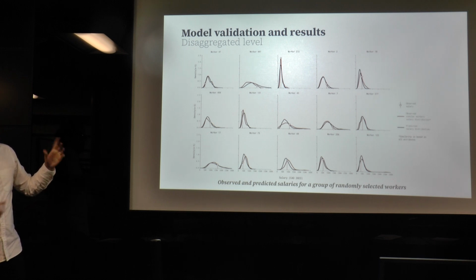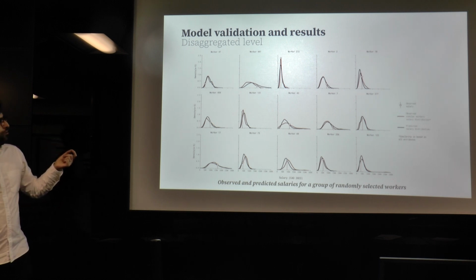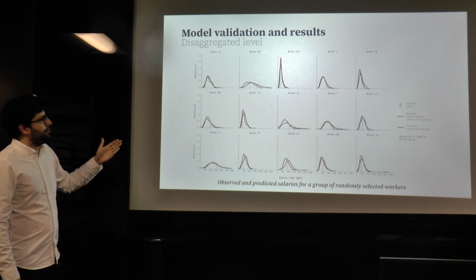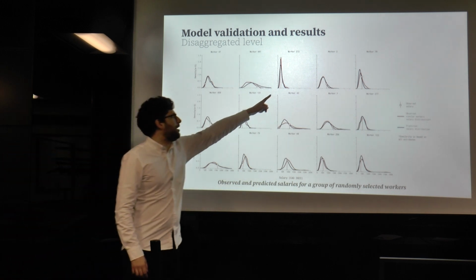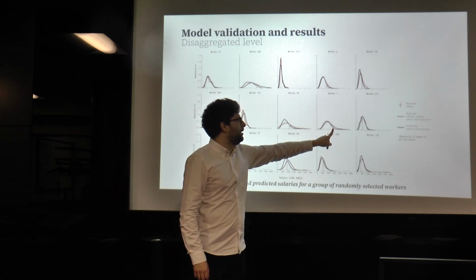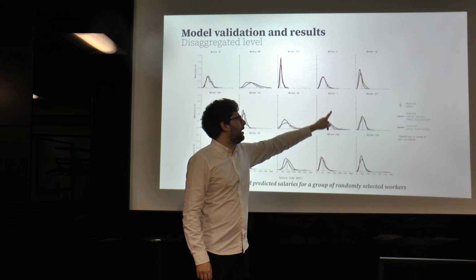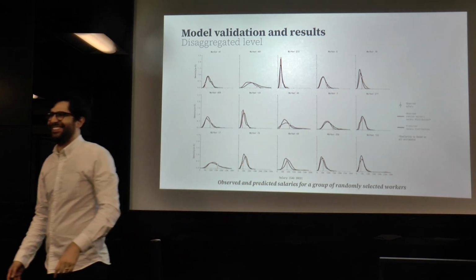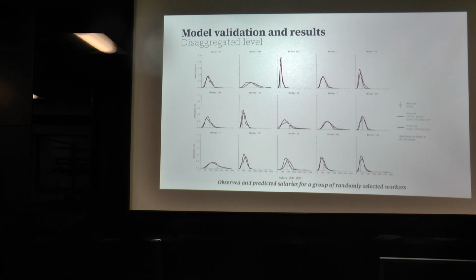If we compare those two variables, we can see that some workers earn the expected value, while others are outliers. Probably they negotiate better, or not.